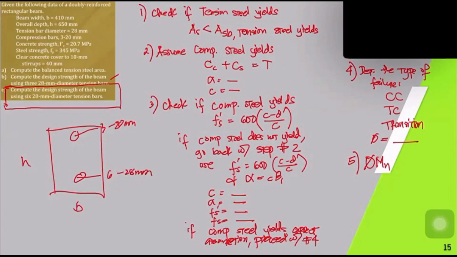So we can compute for the alpha and C. Then check if compression still yields by computing for the Fs prime. If compression still does not yield, go back to number 2, recompute for alpha, recompute for C, recompute for Fs prime, recompute for Fs. If compression still yields, we have a correct assumption. We can proceed with number 4. That is determining the type of failure to know the value of the reduction factor phi. And the last step, we can now compute for phi Mn by taking moment.